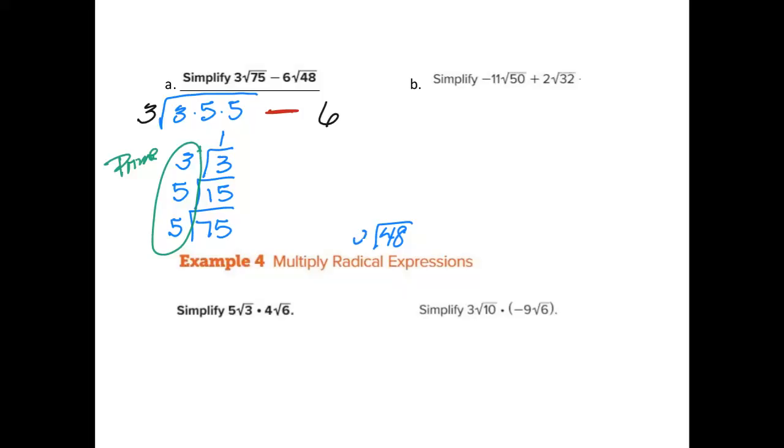So divide by 2. Good. 48 divided by 2 is 24. 24 is even. Divide by 2. You get 12. 12 is even. Divide by 2. 6 is even. Divide by 2. You get 3. 3 is prime, so we can divide by 3, and we get 1.